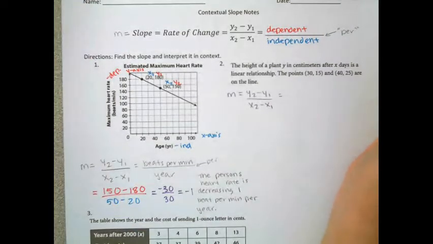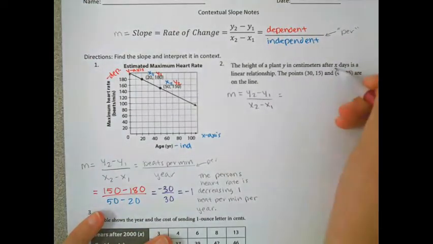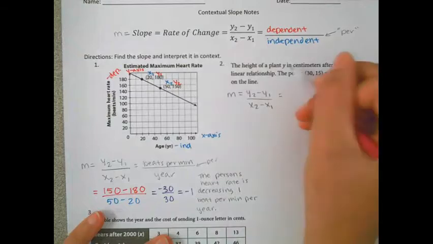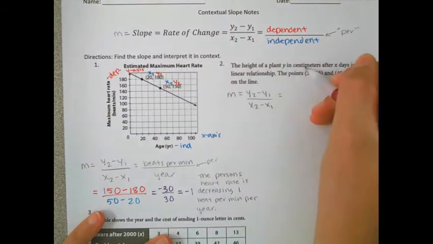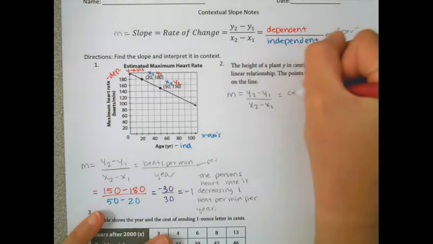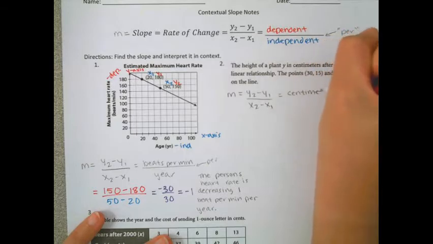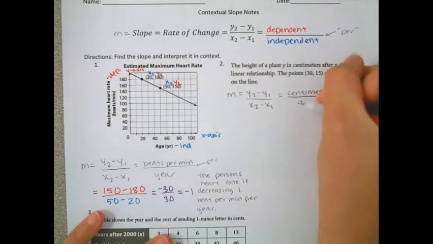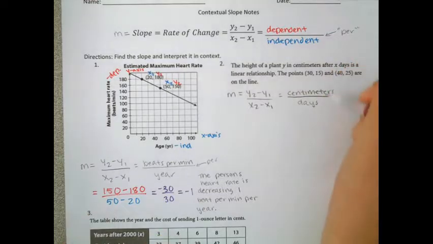In this situation, it's very nice because it does tell us x days and y in centimeters. So our y's are going to be centimeters, and our x's are going to be days. So when we figure out our slope, our unit is going to be centimeters per day.